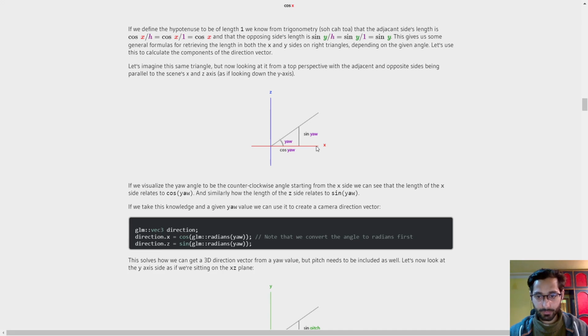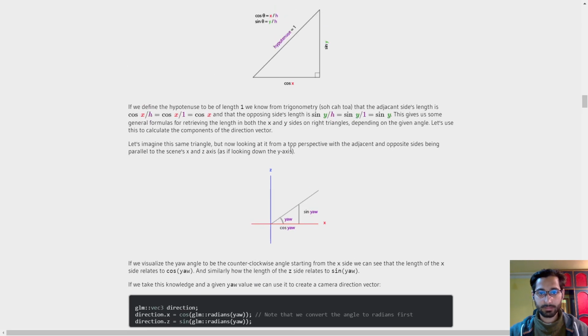starting from the x side, starting from this side, we can see that the length of the x side relates to cos of yaw. How much we want to yaw will be this angle. Cos of yaw relates to the length of the x-axis, which is the length of this axis here.